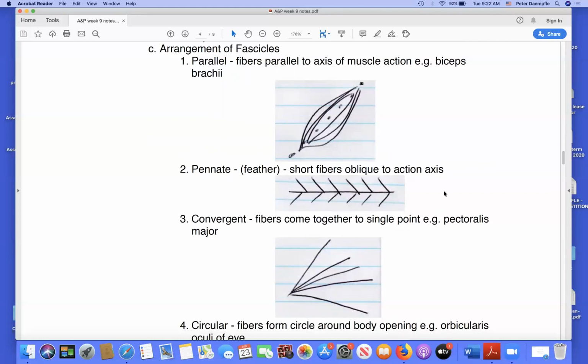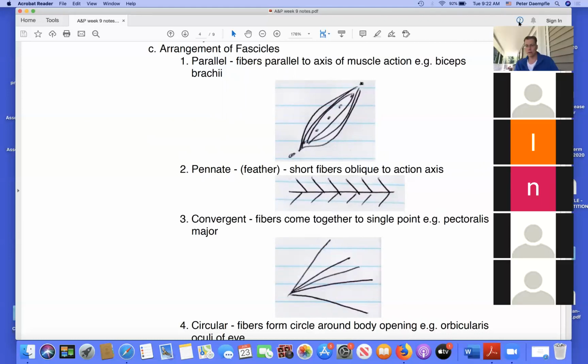One, let's start by feeling our biceps. Your biceps are parallel, all right? So these are your biceps. They're parallel muscle fiber arrangements. In other words, what do you do when you exercise your biceps? You do a curl. So all of the fibers are going in one direction.